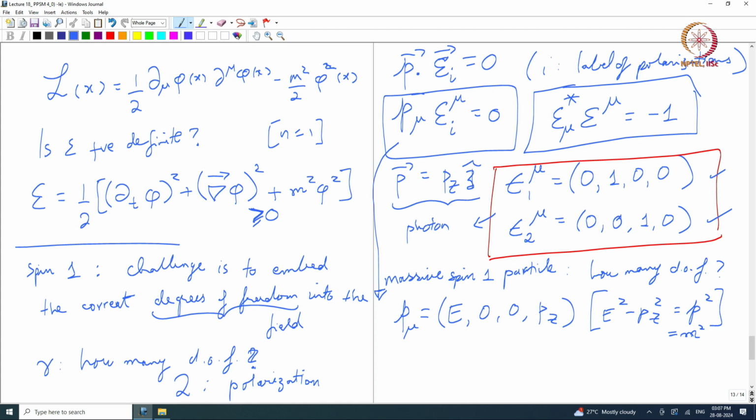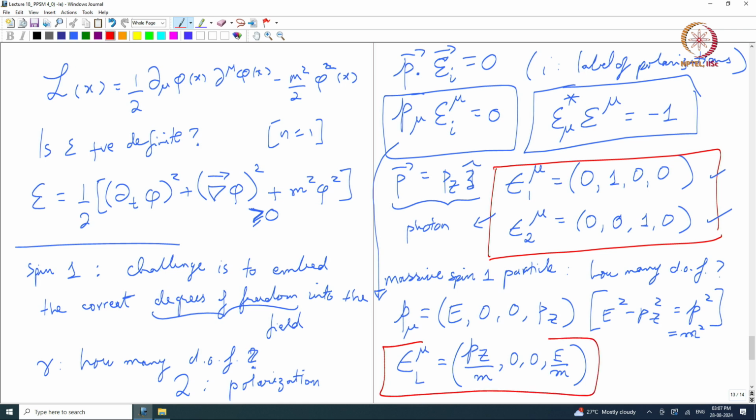Then there is one more, of course, that you can write down, and I am going to call that with a label L to stand for longitudinal polarization, and this is the polarization vector that we are missing. Okay, this is called the longitudinal polarization.